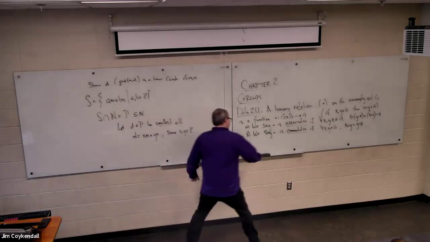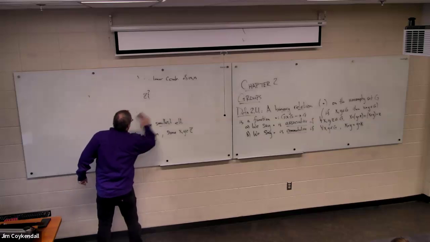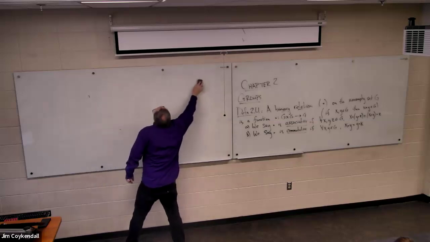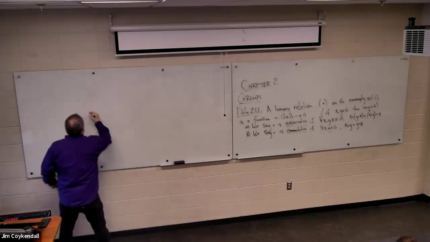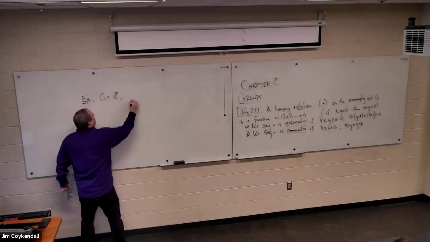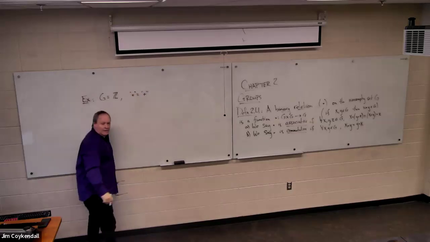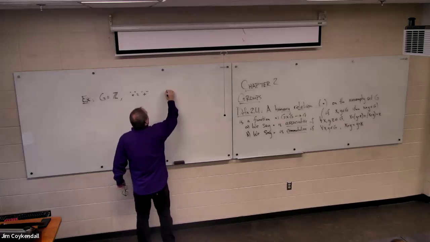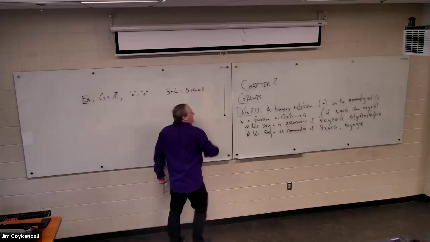So here are some examples. How about some examples of a binary operation? Take integer addition. Something like 5 circle 6 is 5 plus 6, which is 11.